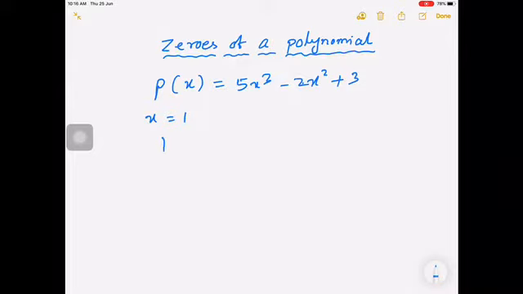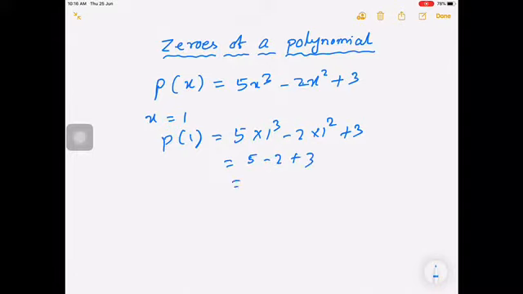Then we shall call it p of 1, as we have taken the value of x as 1. Now what is p of 1? It is 5 into 1 cube minus 2 into 1 square plus 3, and that will give 5 minus 2 plus 3, and that is equal to 6, right? So we have found the value of p(1) as 6.